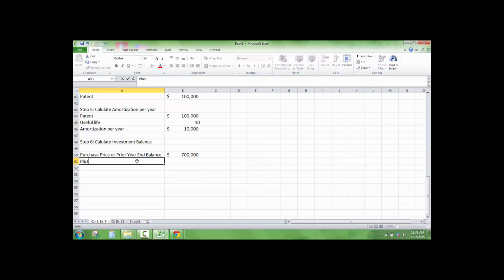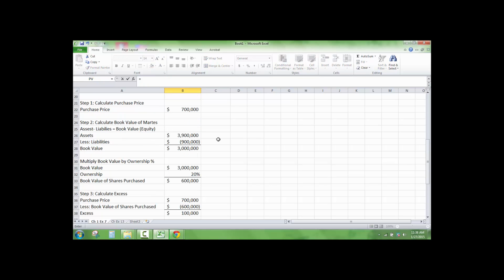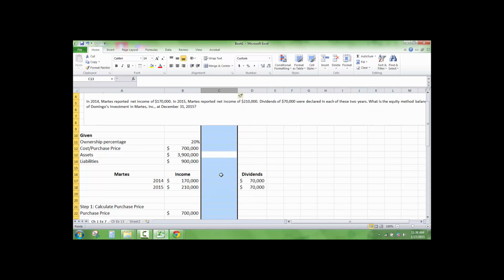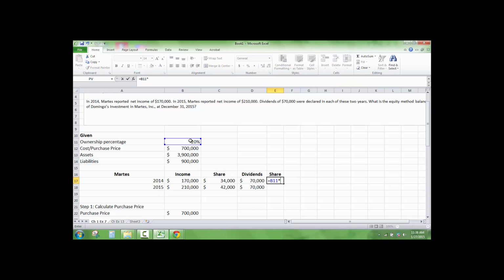We plus share of income. I'm actually going to add a little column here. So share, and we're just going to multiply the income by the 20%. Same thing with dividends. We're going to multiply this by 20%.